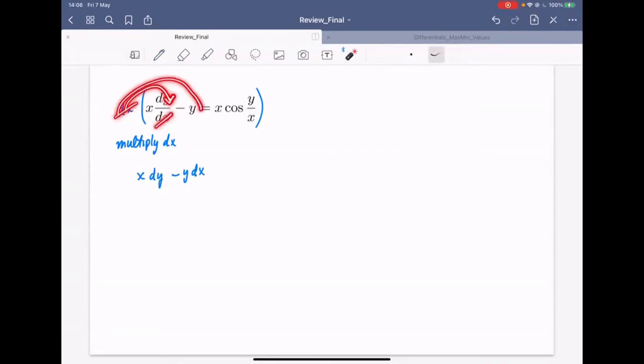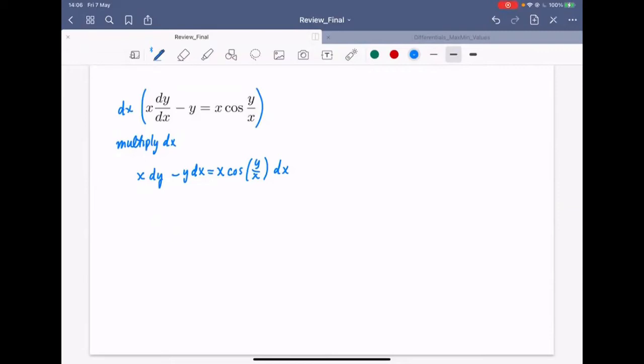Then I multiply the x here, so I get minus y dx, and then I multiply the x here, so I get x cosine y over x dx. Okay, sounds good. I multiply dx to the equation, and then after that I simplify, move everything to the left-hand side.